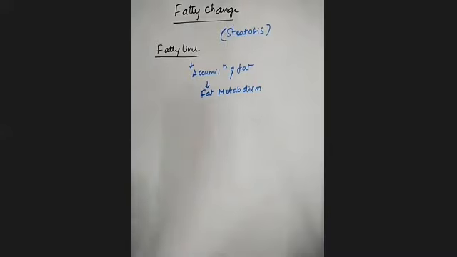Whatever fat is present inside our body enters the liver for its metabolism. That's why most of the fat is deposited inside the liver, so there is a chance of getting fatty liver.